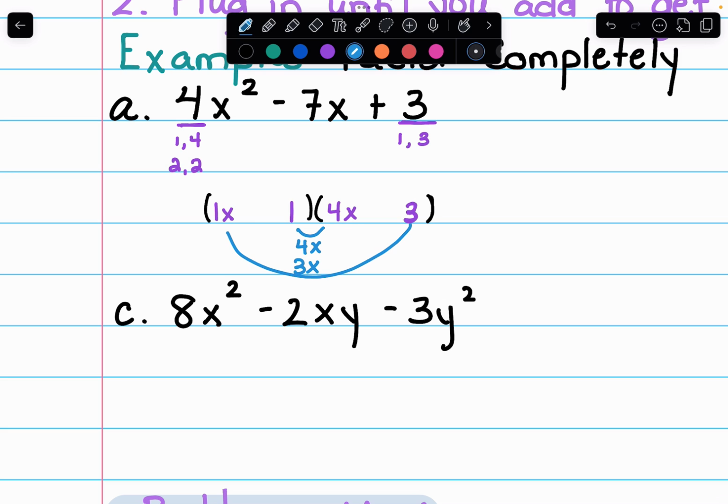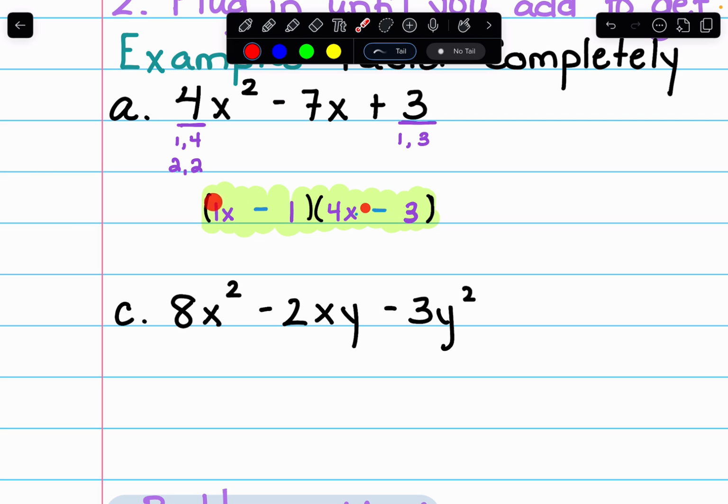I need a negative 7. Your sign rules are the same, okay? My signs are the same, and they're both negative. So I'm going to put a negative on both of these. If I added those down, I get negative 7. Perfect. That's exactly what I wanted. So this is my answer. Okay? You just plug it in and see if it works.